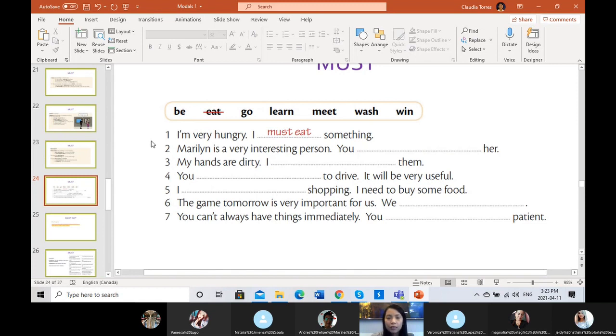I must eat something. So here you just fill in the blanks with the right verb and the modal verb must. Let's try to answer these ones. You can say it, or if you want, you can write the answers in the chat. So it's up to you, right?